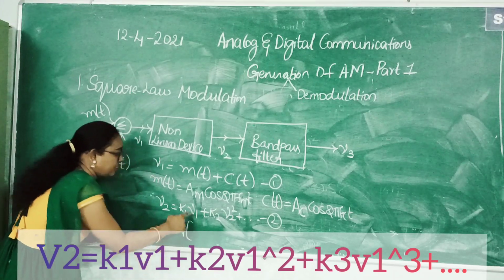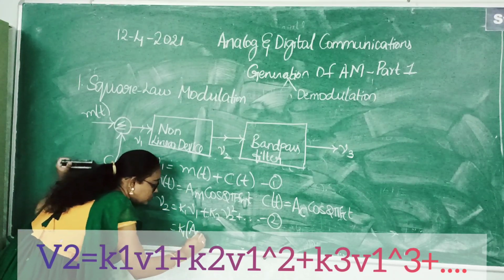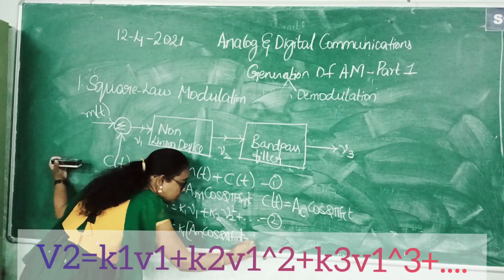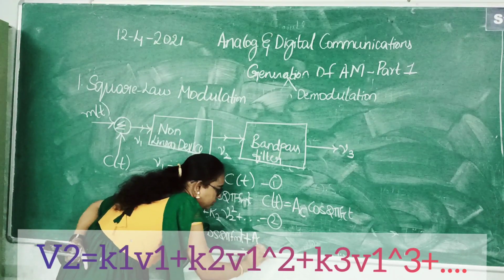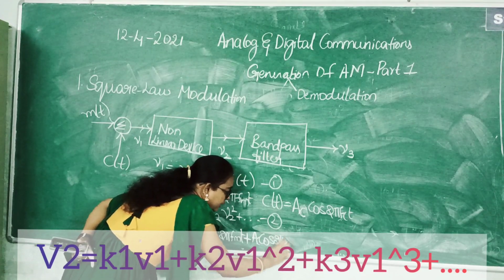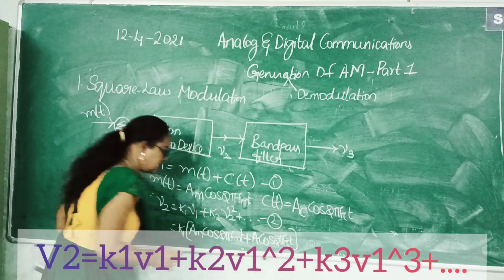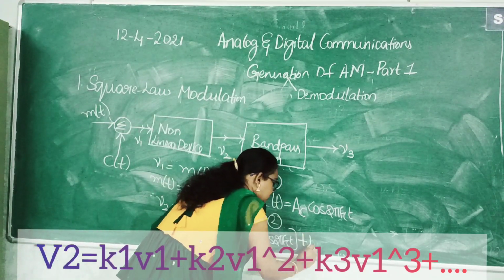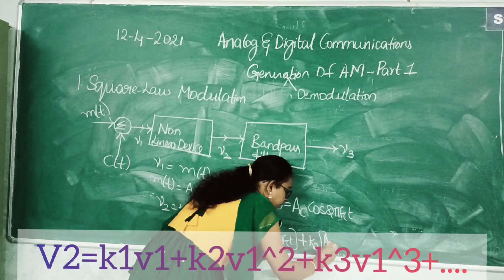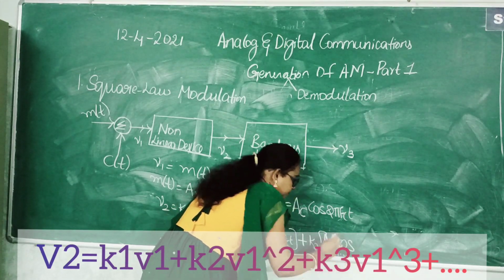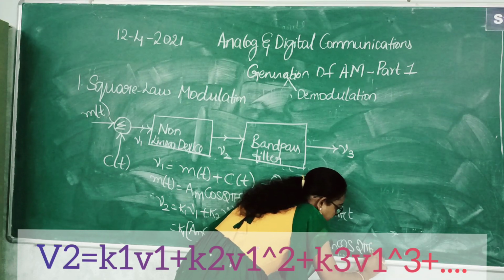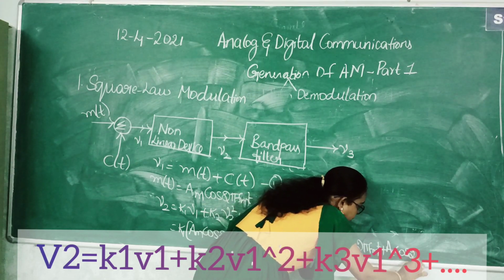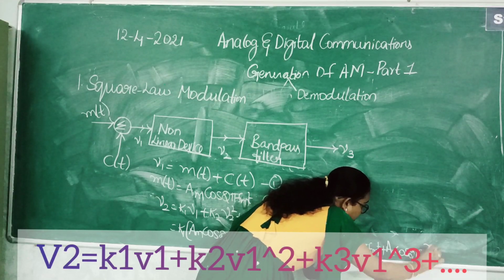K1 times V1, so K1 (Am cos 2 pi fmt plus AC cos 2 pi fct). This is the first term. Coming to the second term, plus K2 (Am cos 2 pi fmt plus AC cos 2 pi fct) whole square.